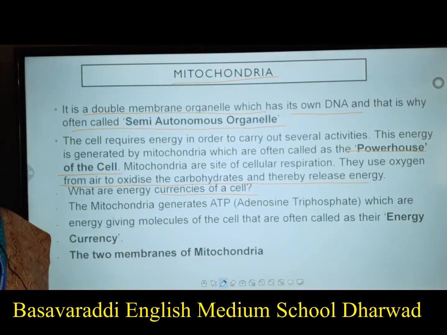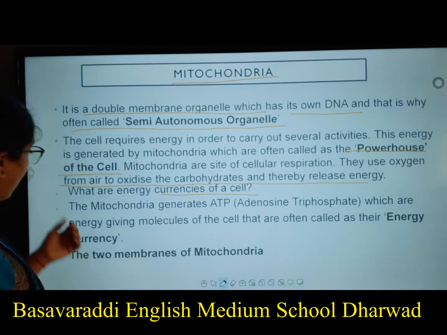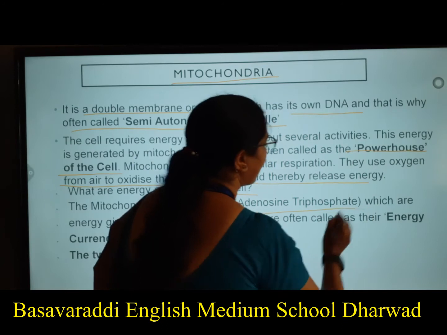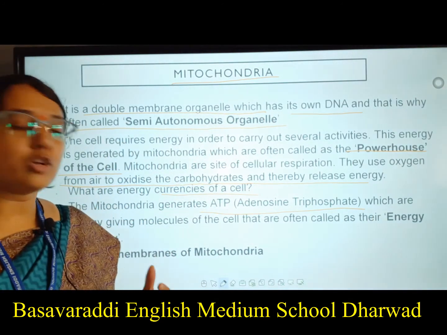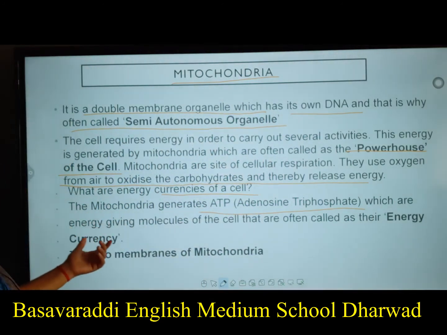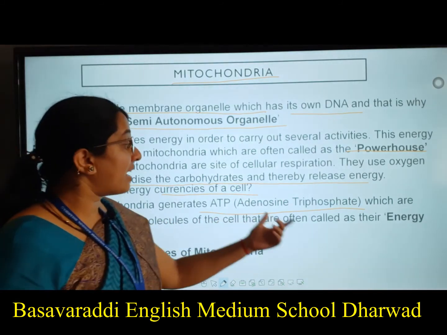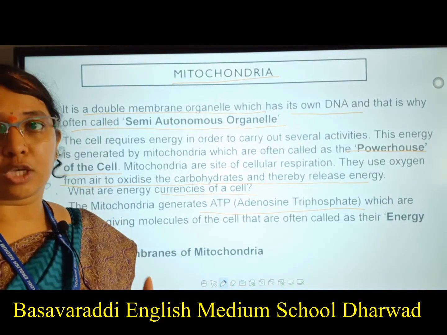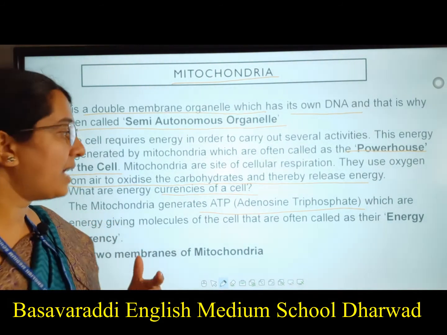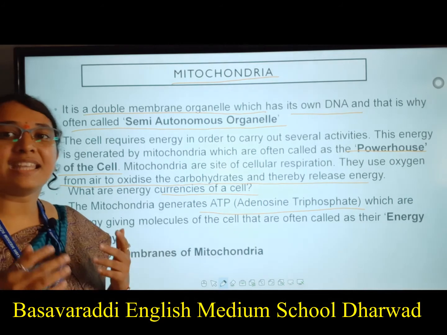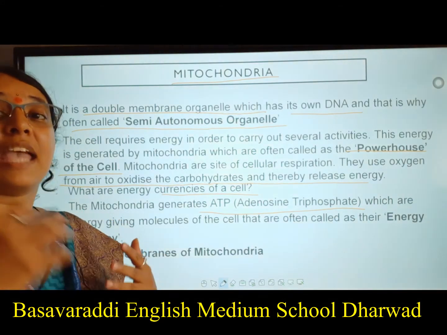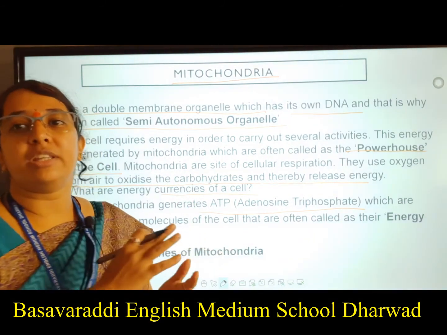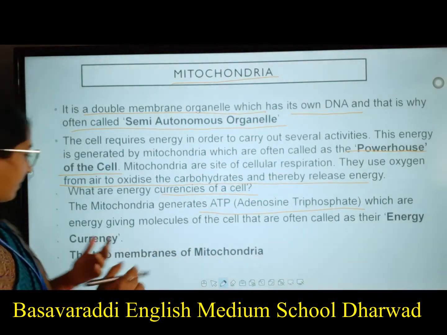The mitochondria generates ATP, that is adenosine triphosphate, which are energy giving molecules of the cell that are often called energy currencies. These ATP molecules are called energy currencies because our cell is able to take the energy only in this form, not in any other form.